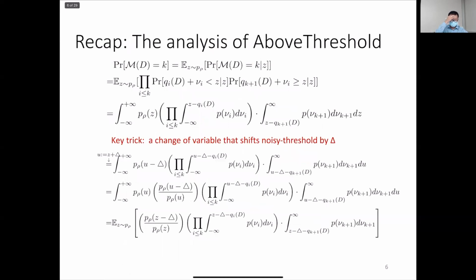Okay, and the key trick to get everything to work is in some sense a shifting operation that redefines a random variable with a change of variable.